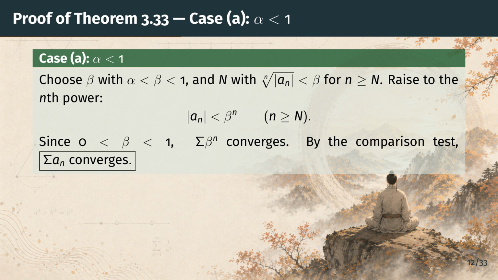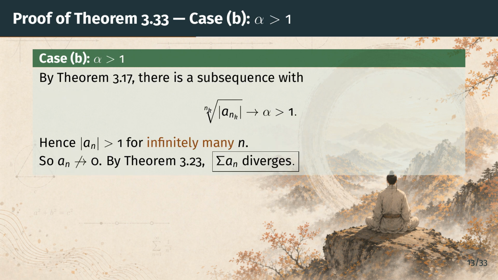Next, the divergent case. Now suppose alpha is greater than 1. By theorem 3.17, the upper limit is actually attained along some subsequence. There is a subsequence of indices along which the nth root of the absolute value of a sub n converges to alpha.